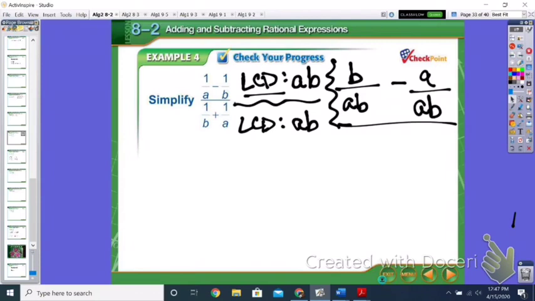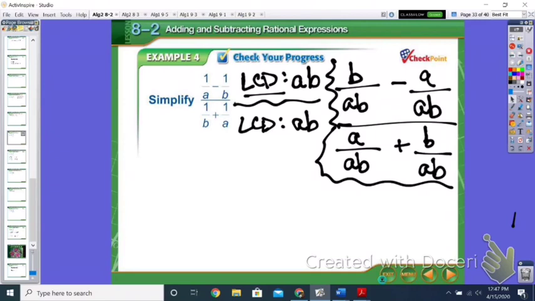And then in the denominator, we're going to get A over AB plus B over AB. Again, you could work those out on the side if you have to, but I'm not going to take too much time on stuff that was from yesterday's lesson. So now we're there. Now we want to combine in the numerator and denominator. So we're going to do B minus A over AB divided by A plus B over AB.